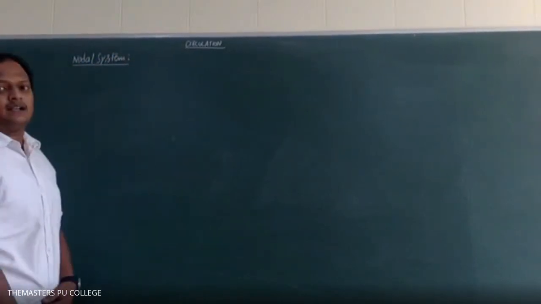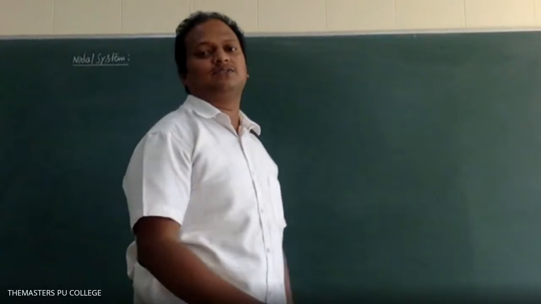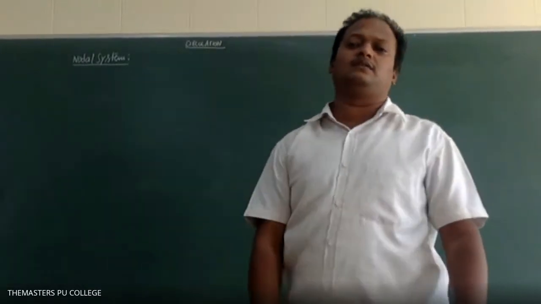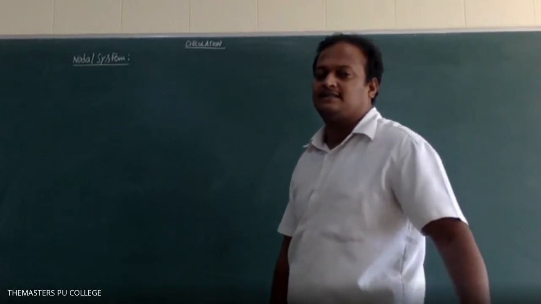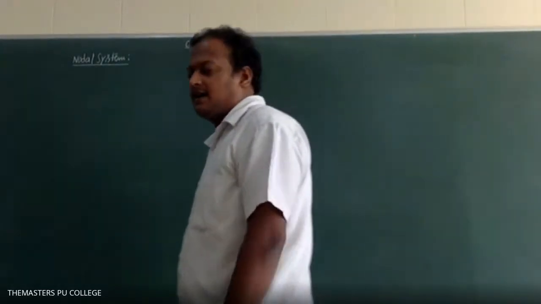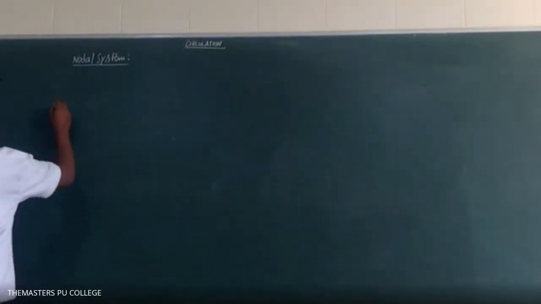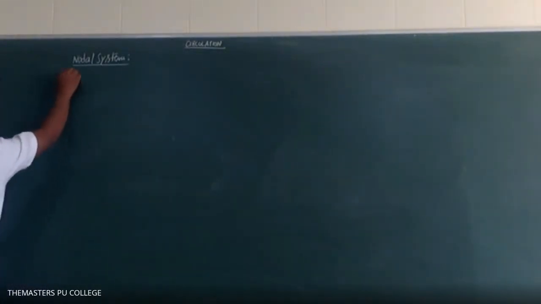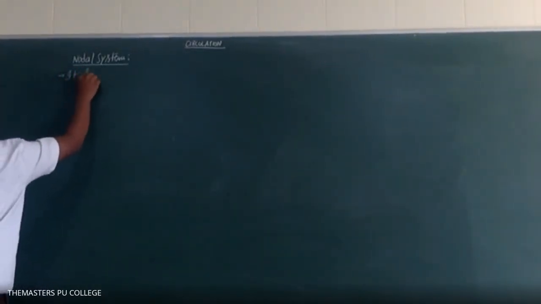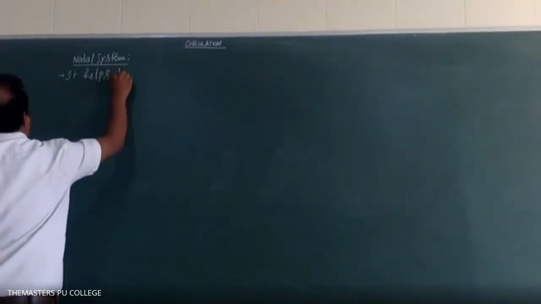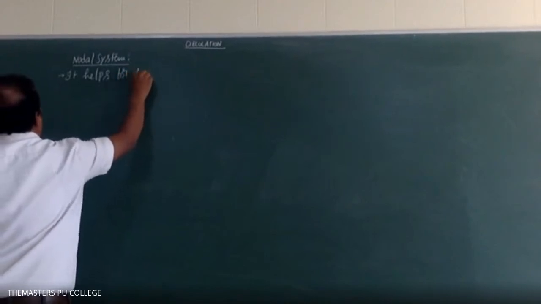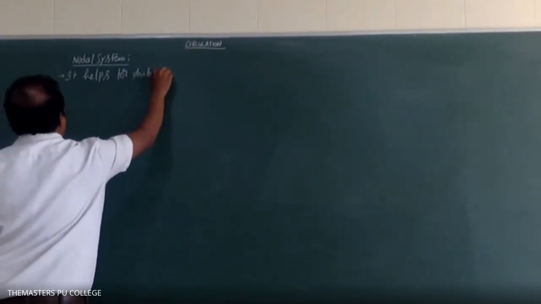In the heart, you drew the diagram yesterday in class, the nodal system. There is a specialized structure present in the heart that is called nodal tissue. It helps for auto excitation.